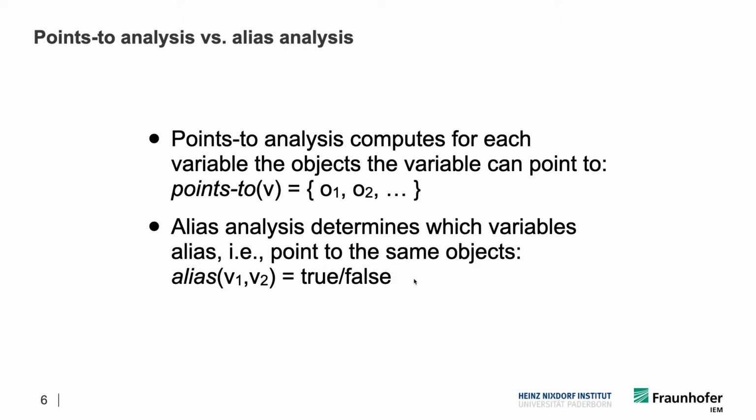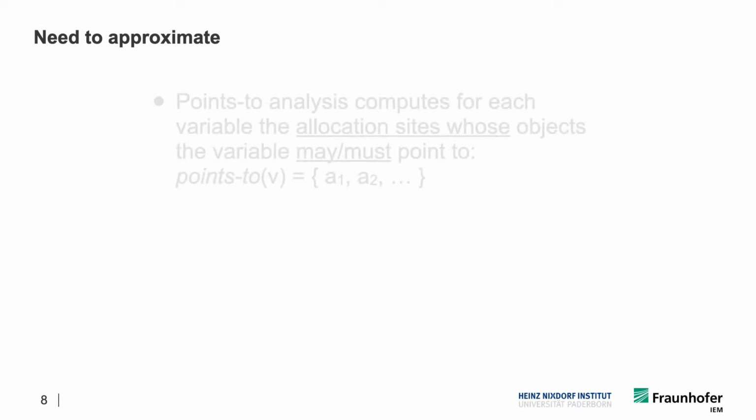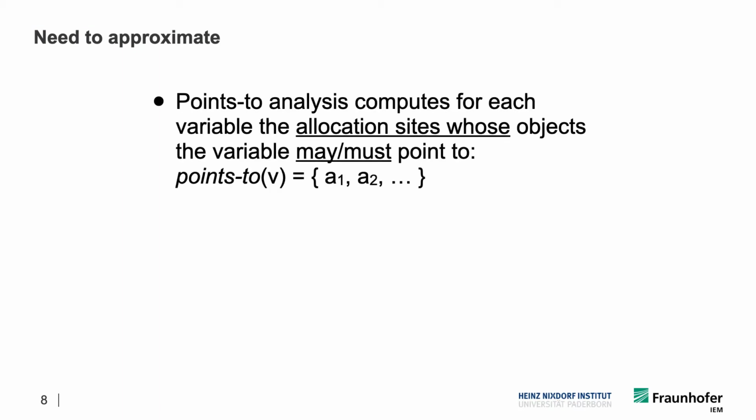That's the general concept, except that this is not quite true because, as we already have learned, for most such interesting problems here, we need to approximate them in static analysis. So also here, we need to do the same, which means that in points-to analysis, we actually compute for each variable, not the concrete objects that these variables point to, but actually the allocation sites whose objects the variable may or must point to.